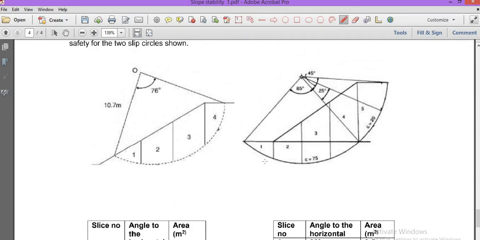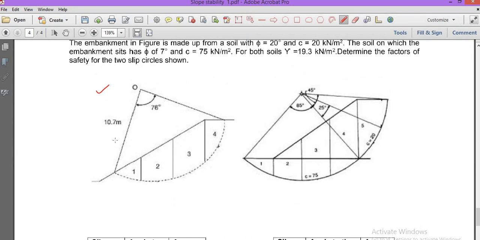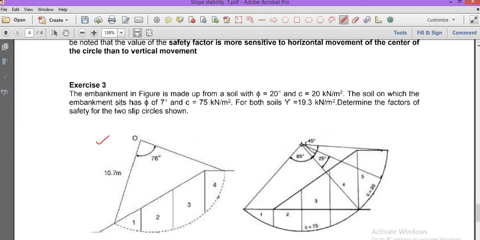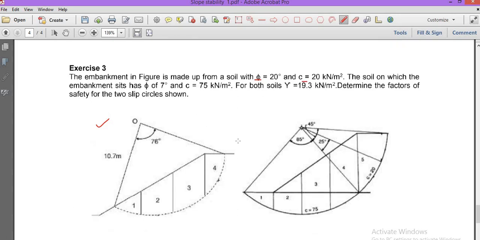One of these examples, this one. It says we have actually two diagrams. It says the embankment of the figure is made up of soil, and we have phi value and C. The soil on which the embankment sits has another set of values. That means we have two soils.